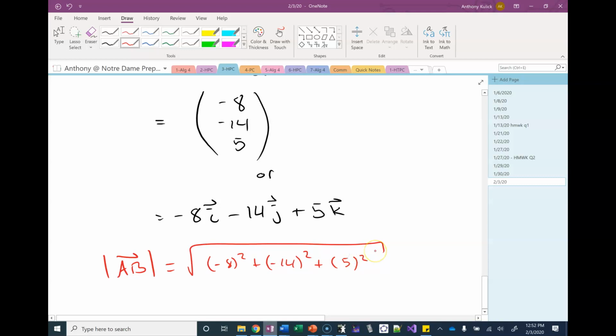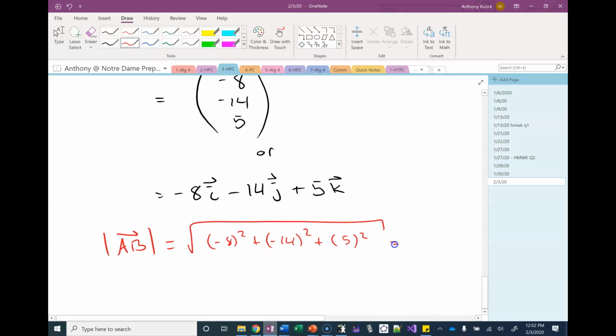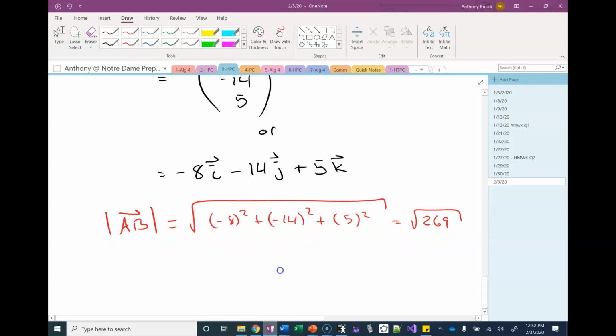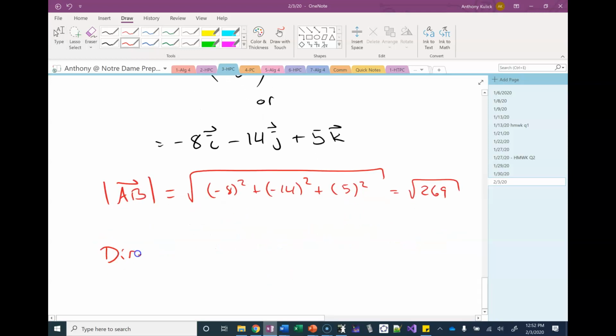Instead of having the sum of 2 squares, you have the sum of 3 squares. I think that comes out to 269. I'm just asking you to do a bunch of things.